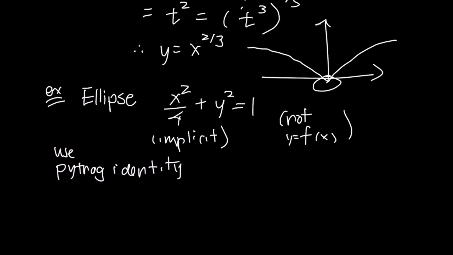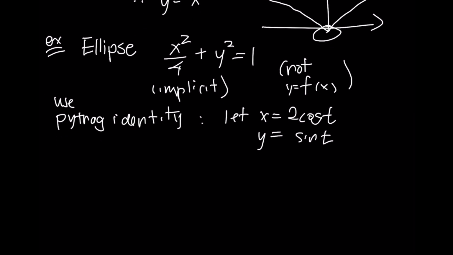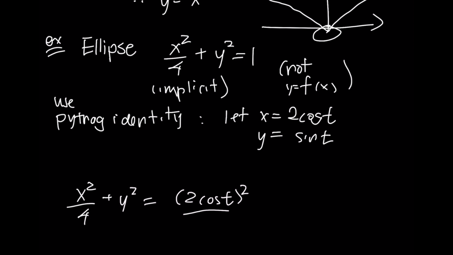I'm going to let x is equal to 2 cosine of t and y is equal to the sine of t. Because if you take a look at the equation of the ellipse, remember that the number on the bottom of each term should be interpreted as a square. It's the length of that axis squared. If I were to go x squared over 4 plus y squared, I would have (2 cosine of t) squared over 4 plus sine of t squared.